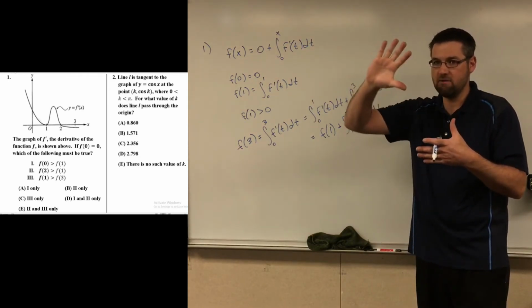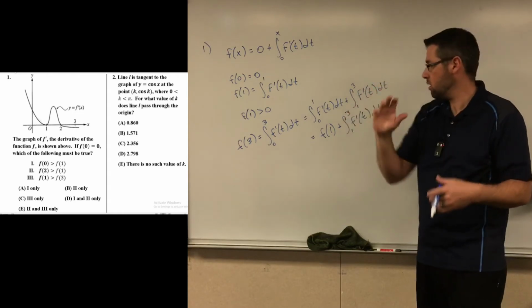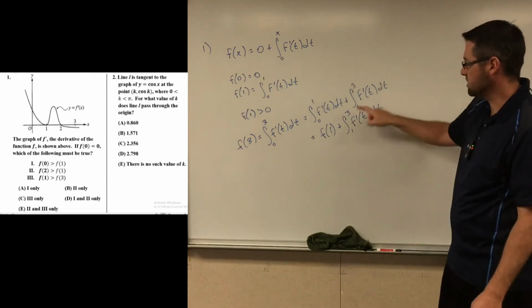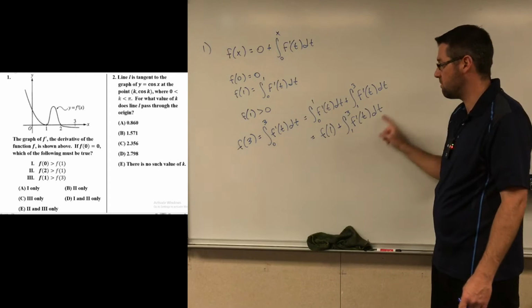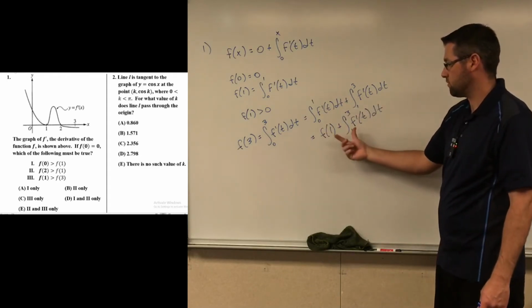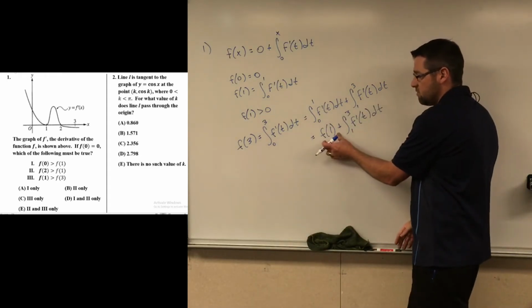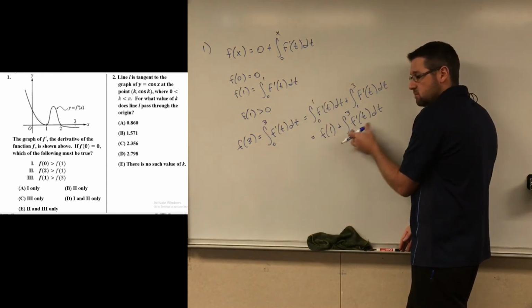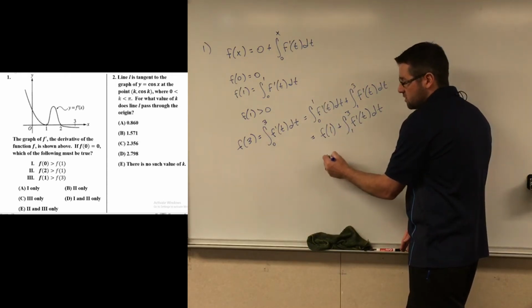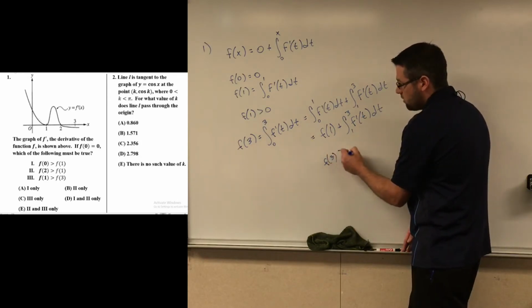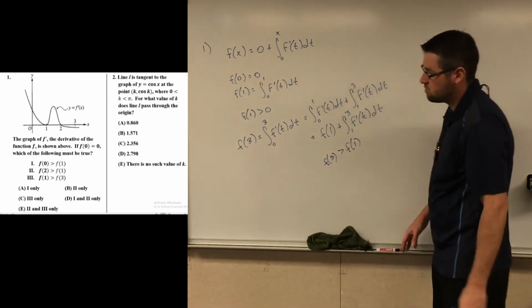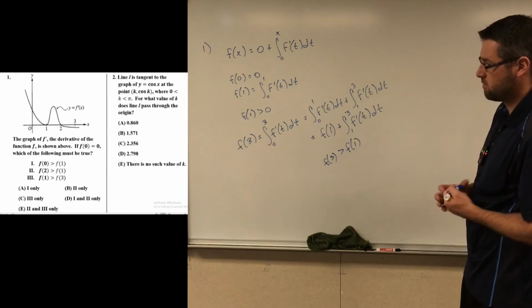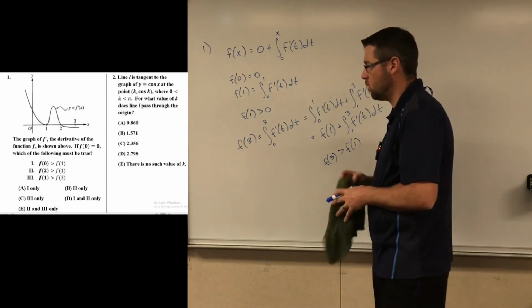The area above is greater than the area below, therefore, this region is positive. And we knew this region was positive. So what can we say about this whole thing? It's going to be positive, but is it going to be bigger than f of 1 or not? Yeah, because this piece is positive, right? So we could say f of 3 is what? Greater than f of 1, which makes 3 false. So it's just 1 and 2 then.